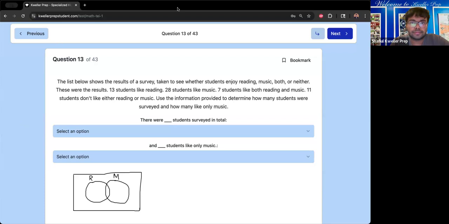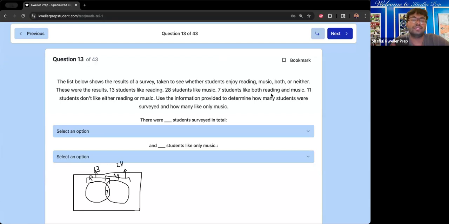Okay, so 13 like reading, 28 like music. So 13 are in this big reading circle, and 28 are in the big music circle. 7 students like both reading and music, so 7 students are going to be inside the circle that likes both reading and music. Someone asked, should I do this on the test?